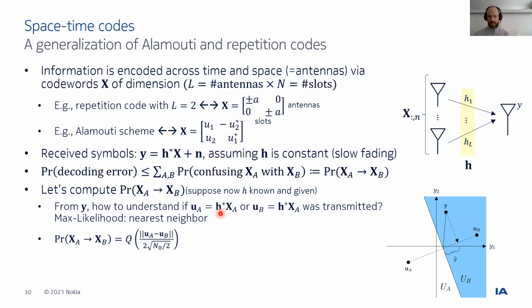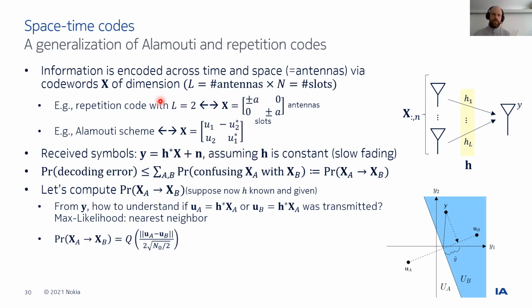Space is antennas. Time, because you have multiple slots that you can transmit across. And space, because you have at your disposal many antennas. Okay, so you have L antennas and N slots.